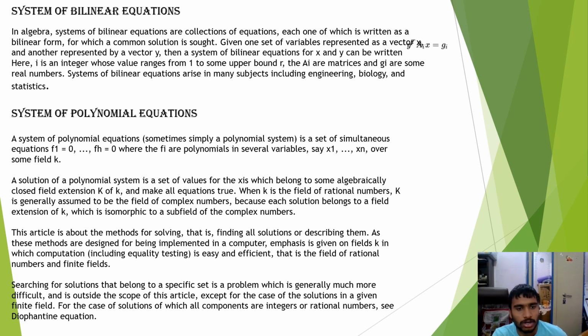A solution of a polynomial system is a set of values for the xi which belongs to some algebraically closed field extension K of k and makes all equations true. When k is the field of rational numbers, K is generally assumed to be the field of complex numbers because the solution belongs to a field extension of k which is isomorphic to a subfield of the complex numbers.